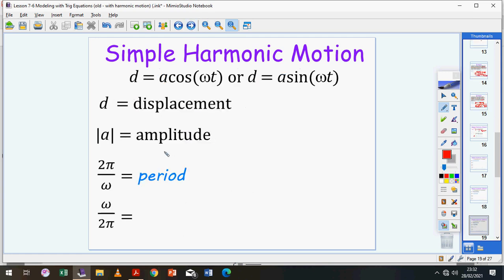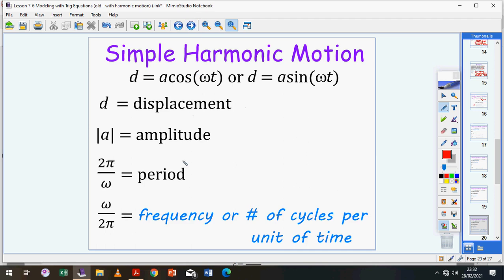The period can be calculated by finding 2 pi over omega. I hope you remember that previously period was 2 pi over b, so kind of carrying forward that same idea. The period will be 2 pi over omega instead of b.